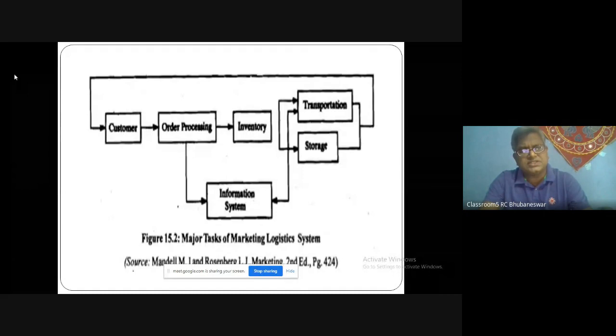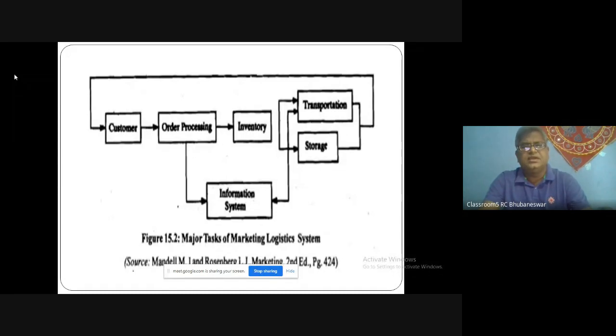Look at the PPT: there is a customer, order processing, inventory, storage and transportation, and all information can be collected in one way.